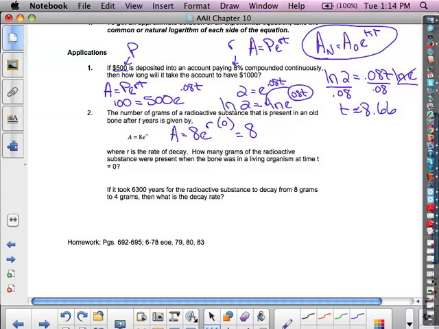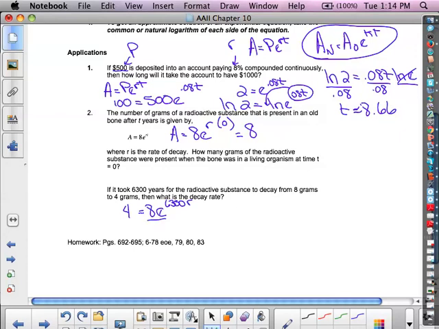Now it says if it took 6,300 years for the radioactive substance to decay from 8 grams to 4, then what is the decay rate? So it declined from 8 to 4, and it took 6,300 years, so I'm looking for my rate.